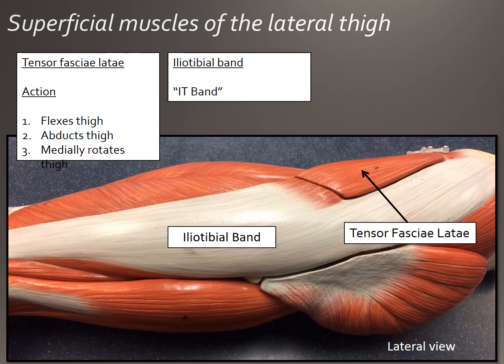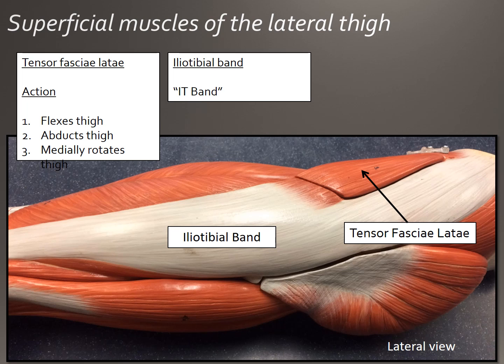But the iliotibial band is often referred to as the IT band. And if you're a soccer player, football player, if you run track or cross country, I am sure that you know about the IT band and what it means to have a tight IT band. It can be extremely painful. The IT band inserts into the knee area, and if you have a tight IT band, this can cause knee pain.